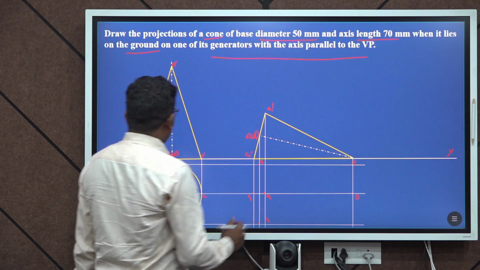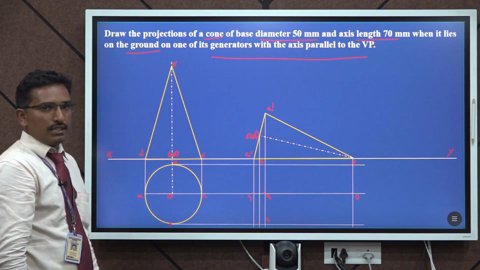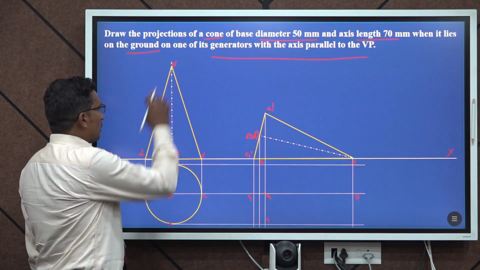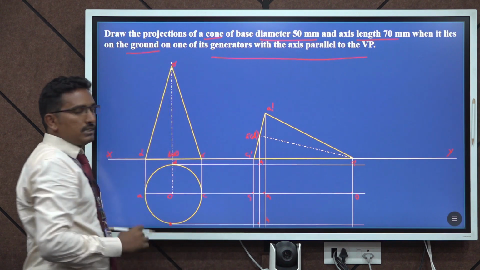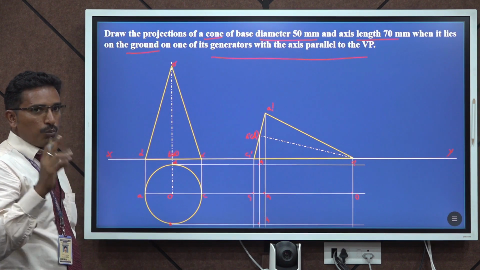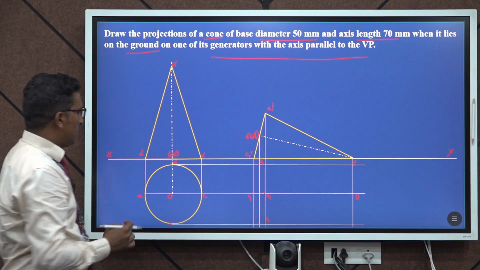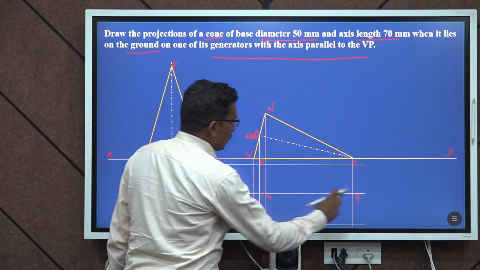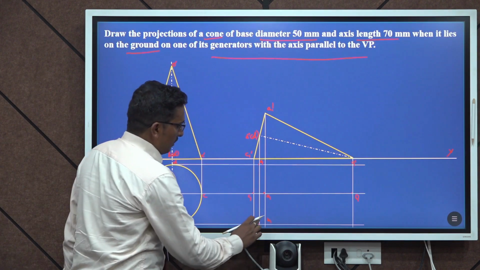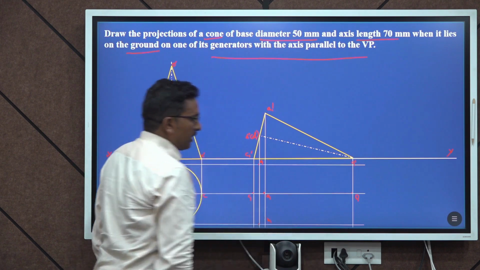Here 4 lines are there: A to O and C to O, which are the generators, so those 2 points are enough for us. From D to O we have to draw a line, and then B to O we have to draw a line.